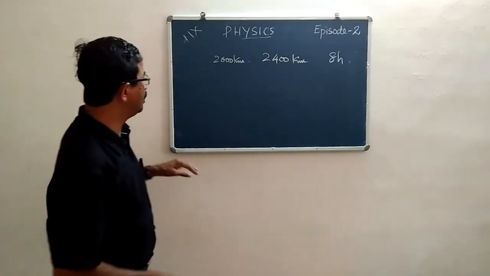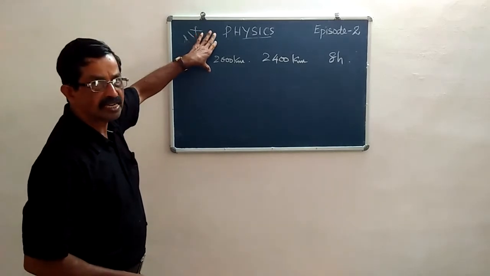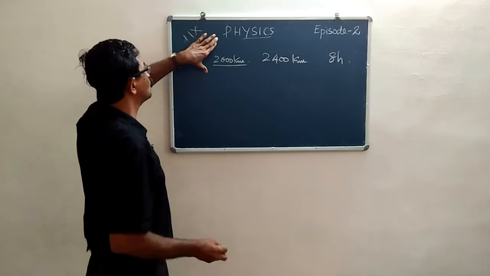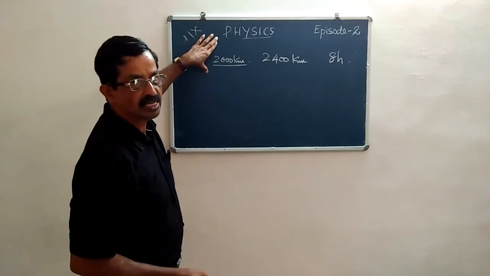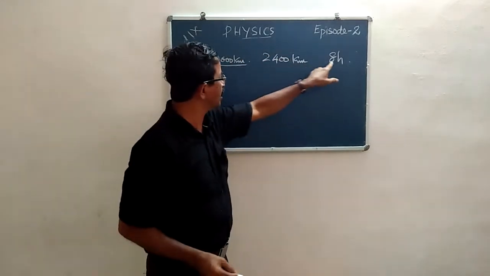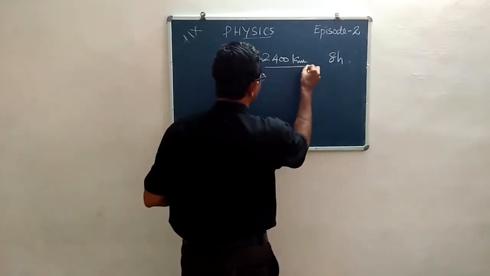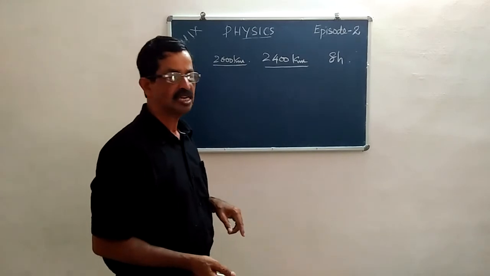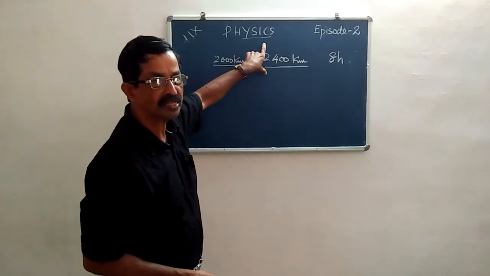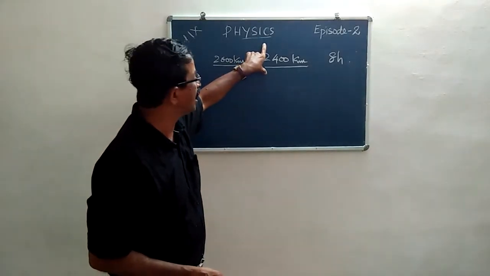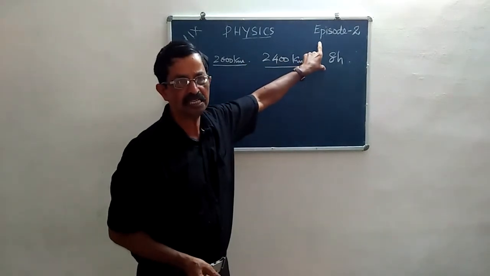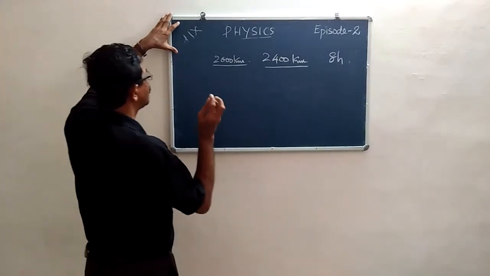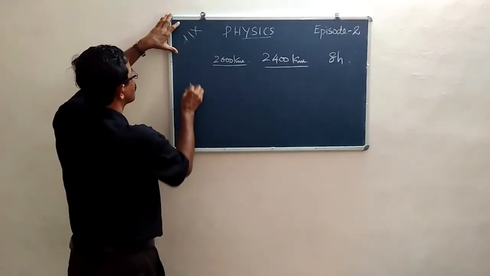What is the question given? In a car, its odometer at first shows 2000 kilometer. After 8 hours, it shows 2400 kilometer. You want to find the average speed in kilometer per hour and also in meter per second. First of all, we can find the distance traveled.